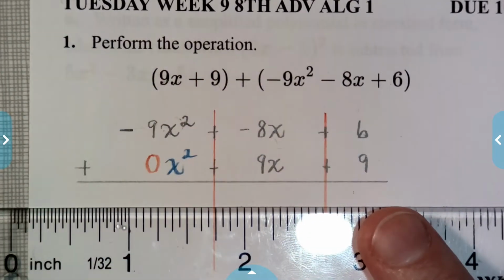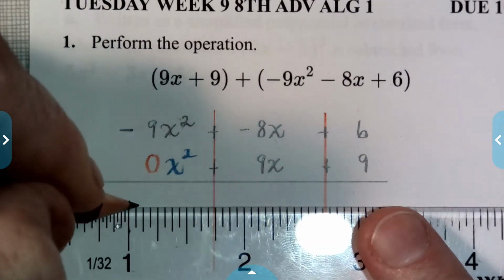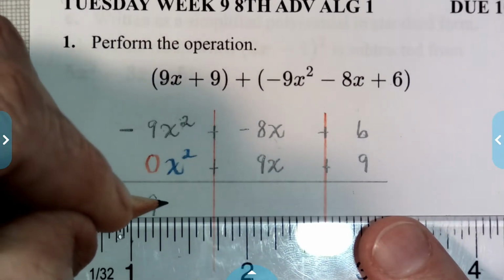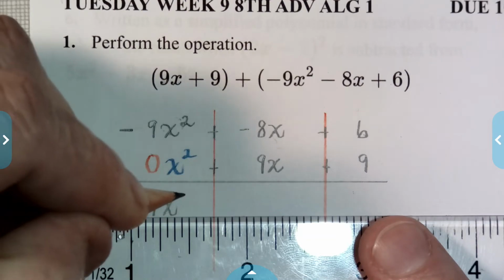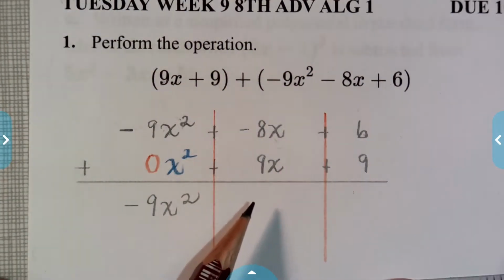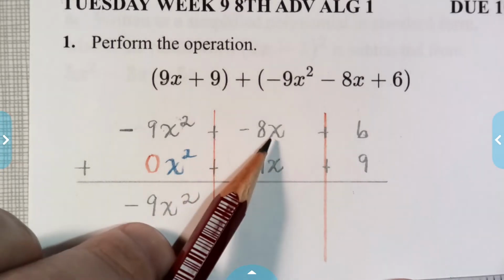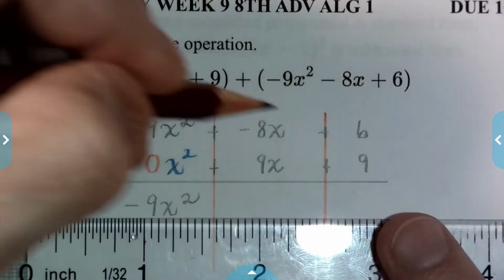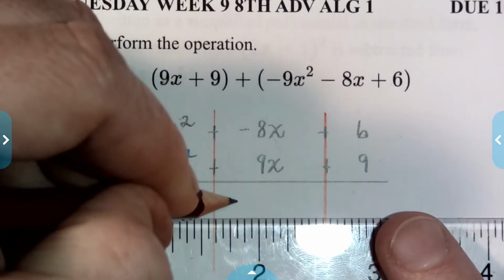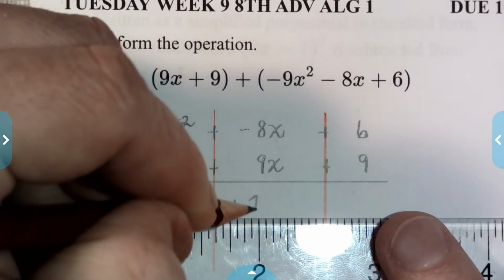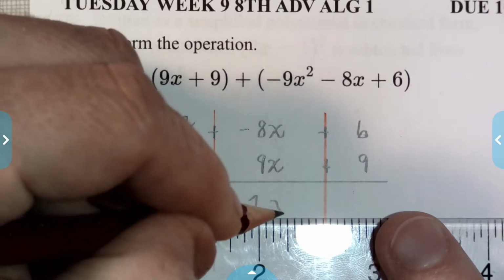Okay, so negative 9x squared plus 0x squared is negative 9x squared. And now let's see if I'm going to have a plus or a minus here. I've got negative 8x plus 9x. Well, that's going to give me positive 1x. And just for the purposes of demonstrating something here, I'm going to put plus 1x.